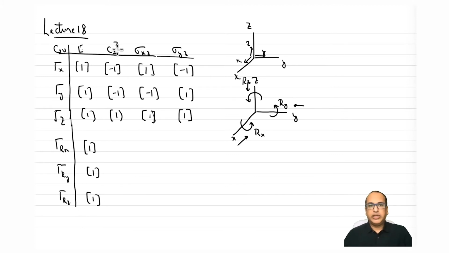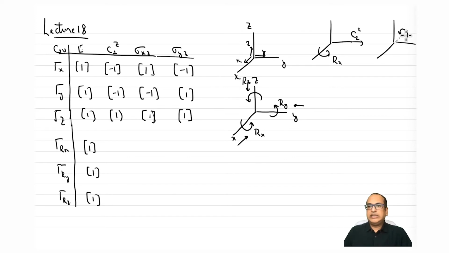Now for C2Z. So we have to be very careful in visualizing these rotation matrices. So if I do a C2Z operation on Rx vector, let me draw it here again only for Rx. So this is my Rx, and if I do a C2Z operation, what do I get? This is my minus x-axis, and this is how it looks, right?